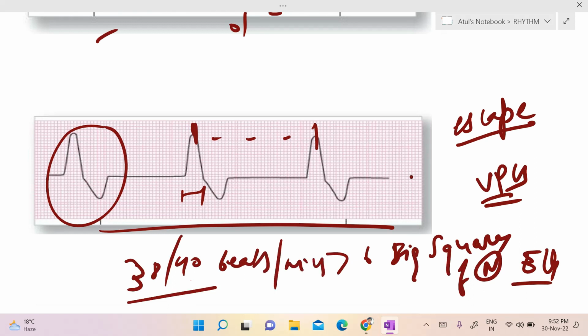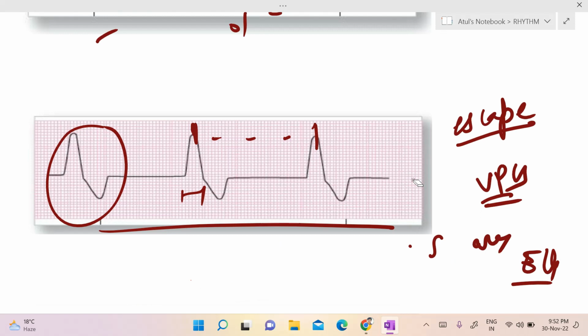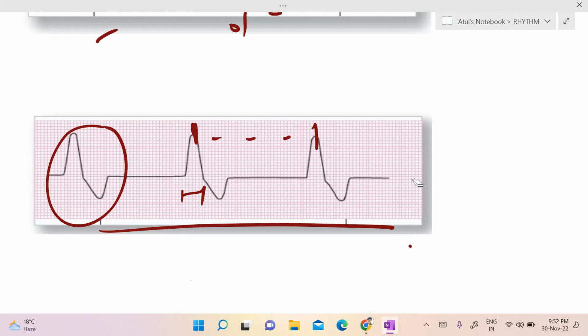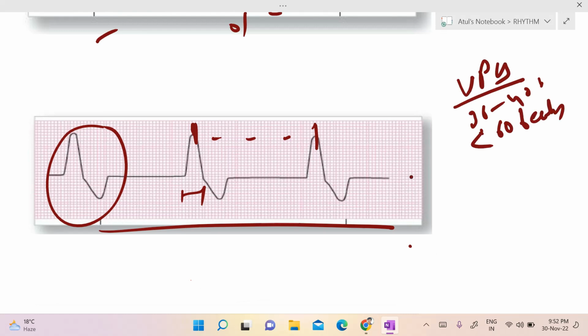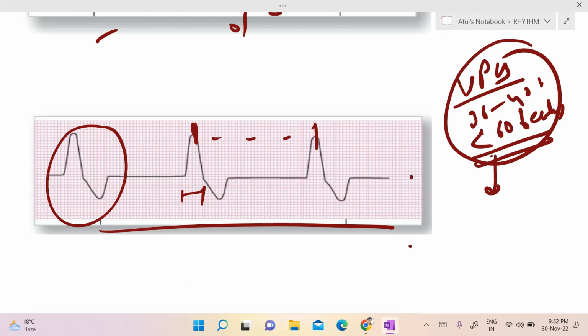So this is bradycardia. This is not sinus bradycardia. This is a ventricular rhythm. These types of VPCs coming at 38 or 40 beats per minute, less than 60 beats per minute, regularly, without any sinus rhythm or P waves, is known as idioventricular rhythm.